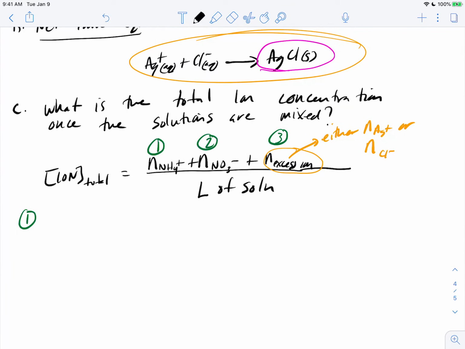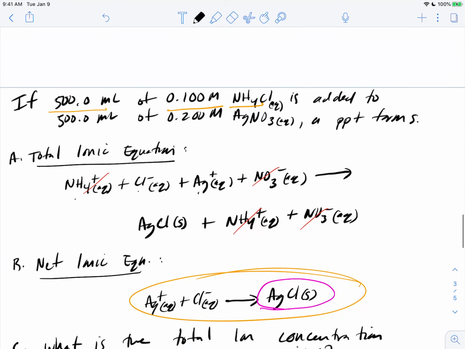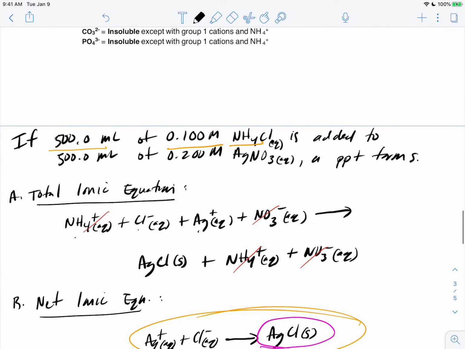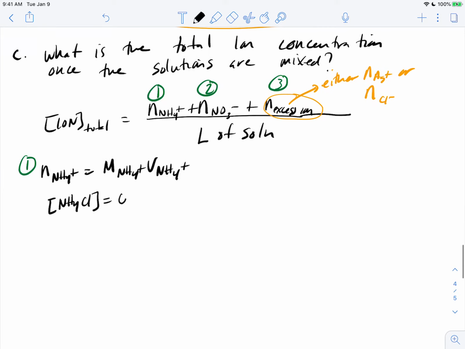So we'll find moles of NH4 plus is equal to the molarity of NH4 plus times the volume. We know that the concentration of ammonium chloride was 0.1 molar.